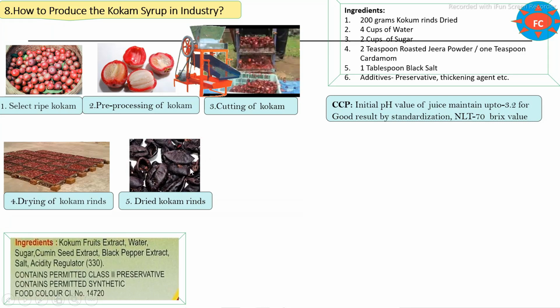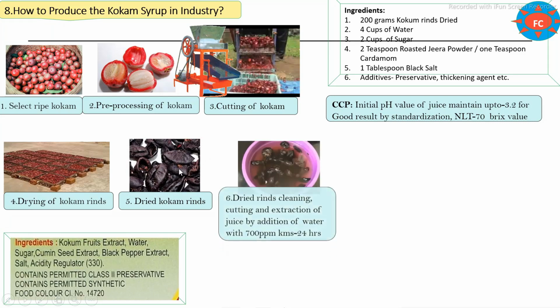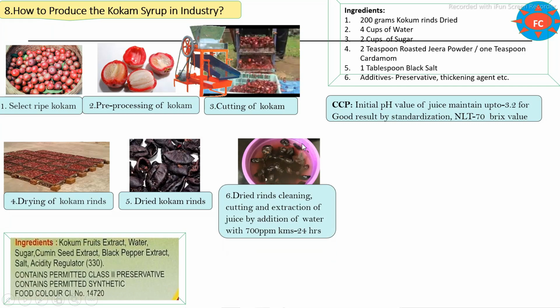extraction of the juice from these rinds. In the extraction stage, first these dried cocoa rinds are properly cleaned, then size reduction is carried out, then addition of water with 700 ppm SO2, that is 700 ppm KMS, used as a preservative in water, and then water is added to the dried cocoa rinds for the extraction.